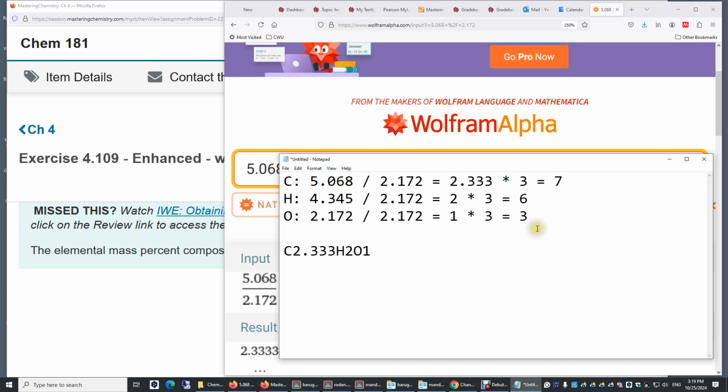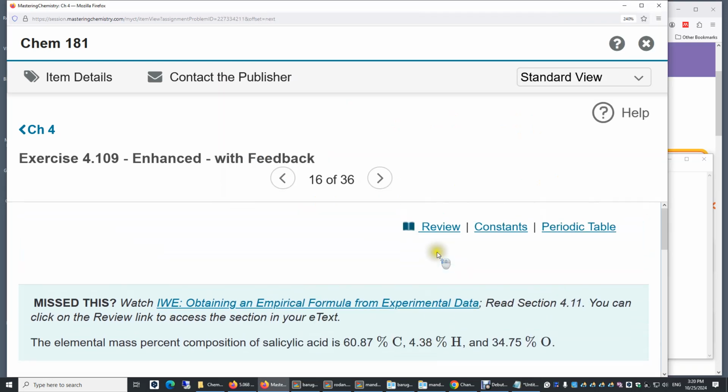So the ratio can be 7 carbon, 6 hydrogen atoms, and 3 oxygen atoms. This times 3 is 7. This times 3 is 6. This times 3 is 3. It's going to be carbon 7, hydrogen 6, oxygen 3.